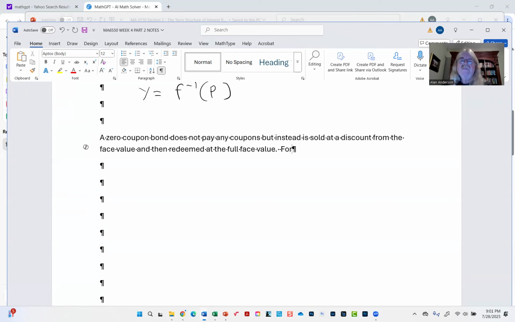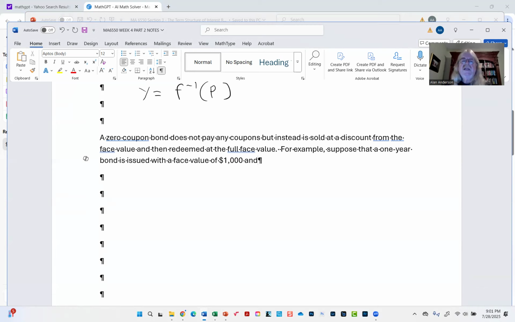For example, suppose that a bond is issued, a 1 year, let's just keep it simple, issued with a face value of 1,000 and is sold to investors for, let's say, 970.